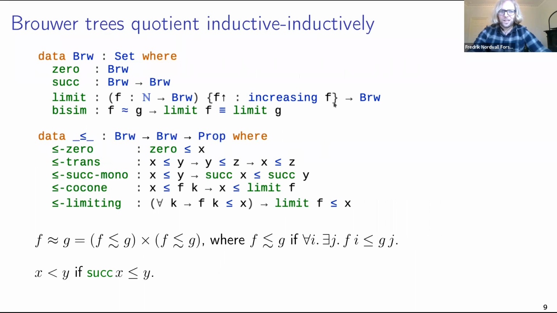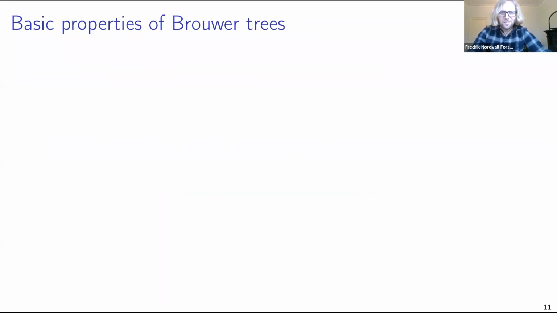So we know that a limit is not equal to a successor, for example, and that will turn out to be really important. It's not something you think of at first, I think. So we tried without this for a long time, but we couldn't make anything work unless we really had this classification result.